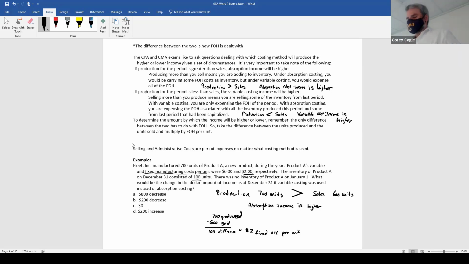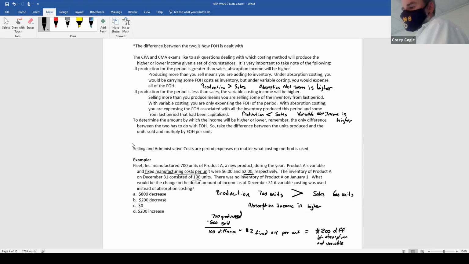That's where the only difference comes in. So it's a $200 difference between absorption and variable. So now we've got our answer, right?